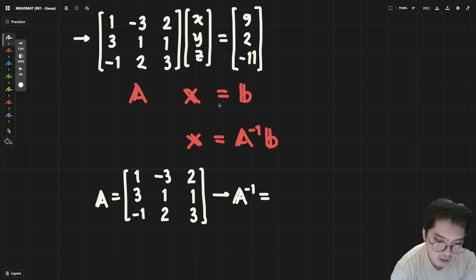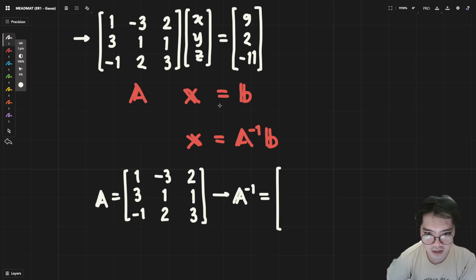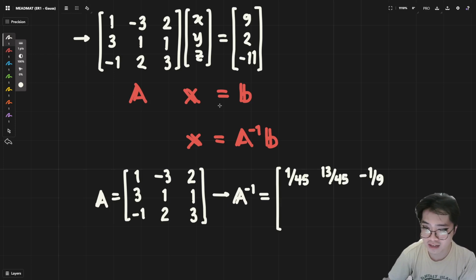matrix A. The inverse apparently is, oh my gosh. Okay, 1/45. And then 13/45. Right? -1/9, which makes me think that the determinant is 45, and this is just -5/45.